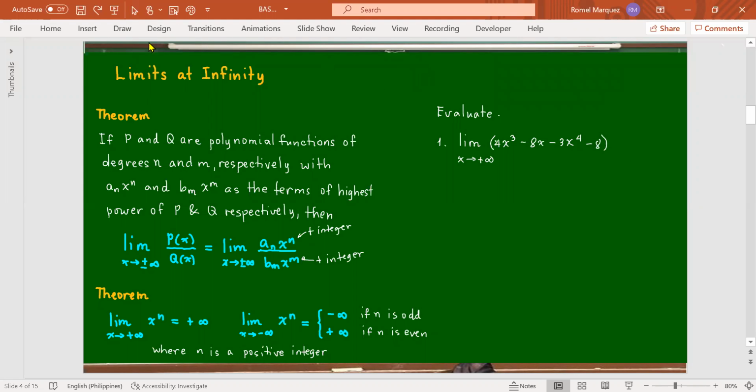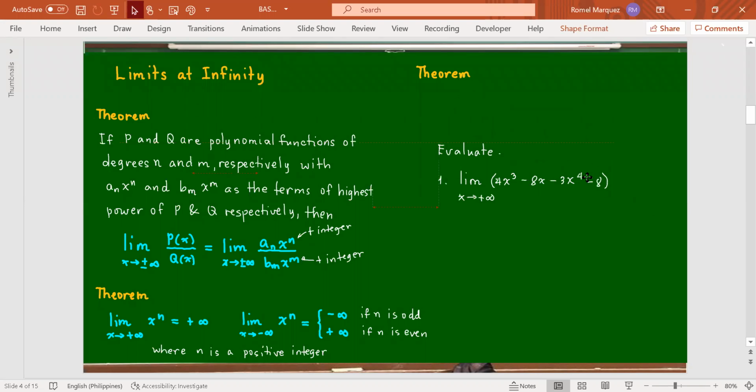So another theorem. If you have a polynomial, guys, and x is getting bigger and bigger without bound, so the limit of a polynomial as x approaches either positive or negative infinity.